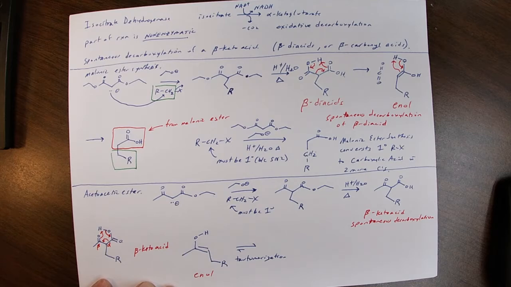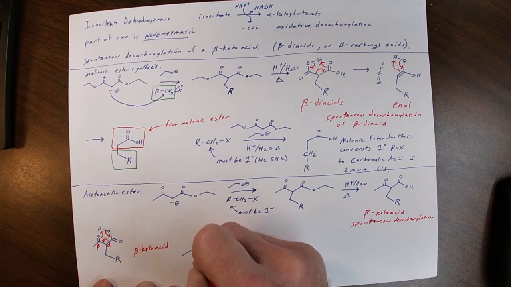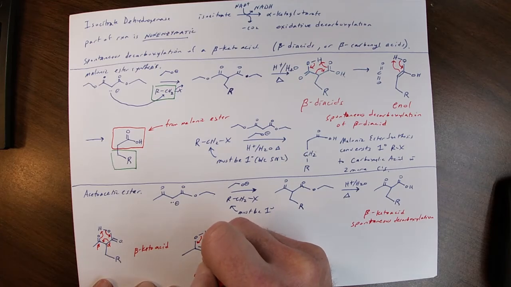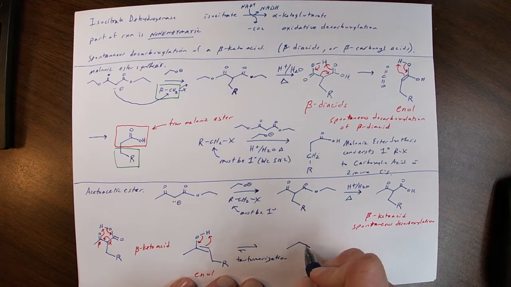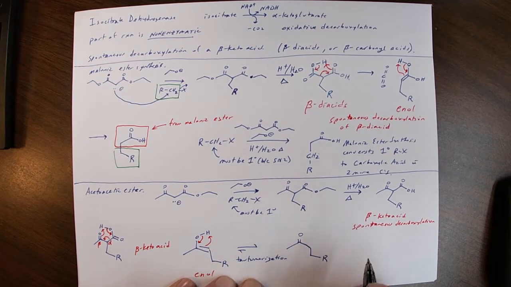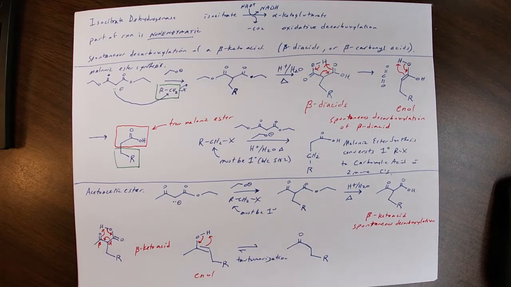So tautomerization. And so now just simply bring this electron pair back in, pick up that proton. And so now I would have, okay, and so in essence, the net was that I've added 1, 2, 3 carbons to my primary alkyl halide in the form of a methyl ketone.